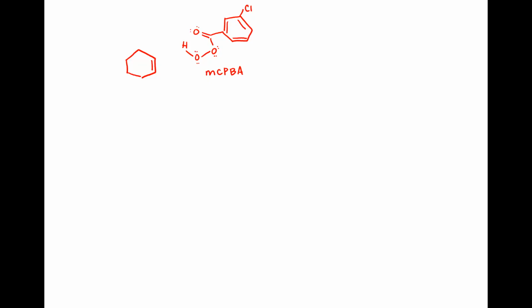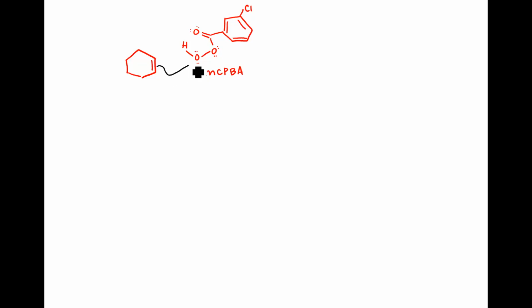Okay, so an alkene is both nucleophilic and basic, and in this case it will act as a nucleophile. So we will show the alkene doing a nucleophilic attack on one of the oxygens of MCPBA. And the driving force for this will be the breaking of an oxygen-oxygen bond.